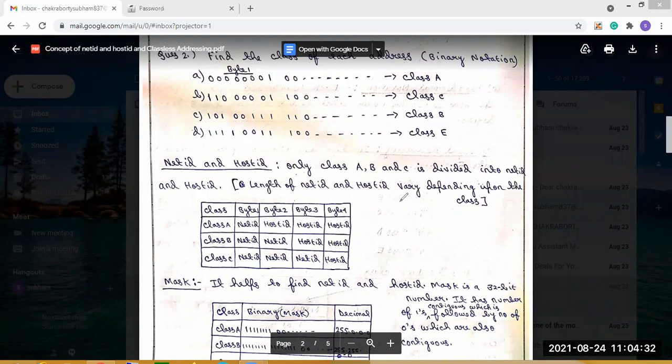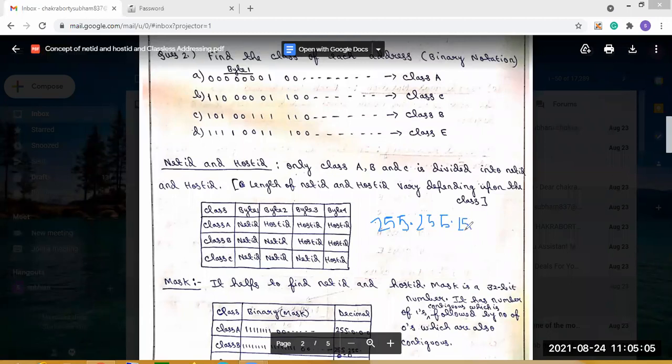Now, when I am assigning the IP address in the Cisco Packet Tracer, if you remember, when I am taking the class C IP address, I am writing 255.255.255.0.